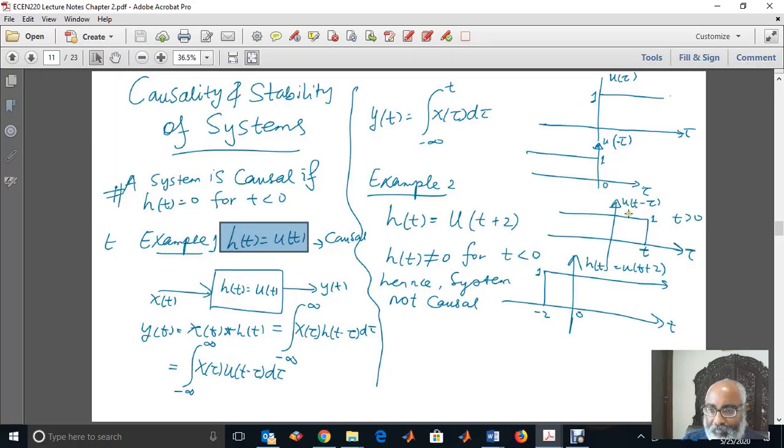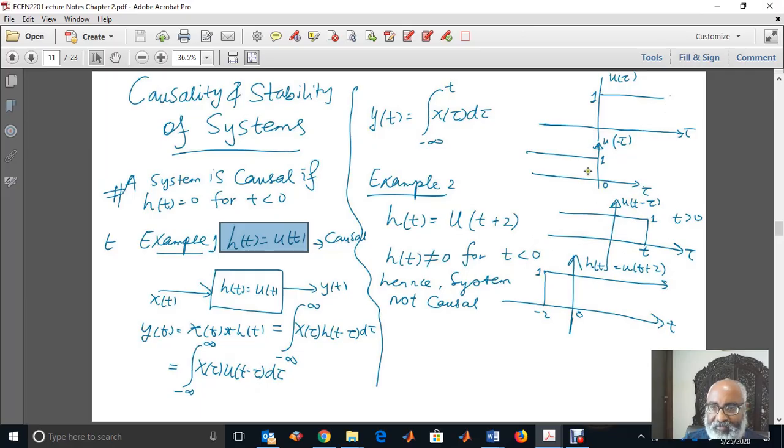If I multiply by any signal x of tau, what will happen? The result of the product will be x of tau from minus infinity until t, because the amplitude of u of t minus tau is 1, so it doesn't change the amplitude of x of tau. So it will be the integral from minus infinity until t of x of tau d tau.